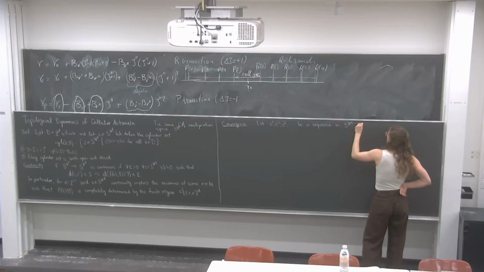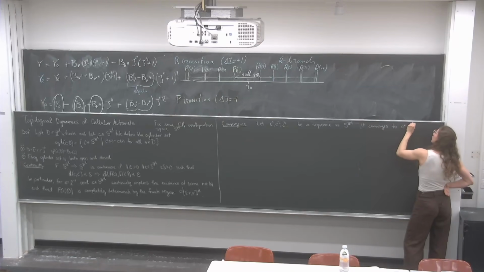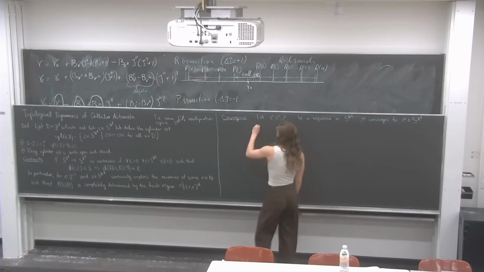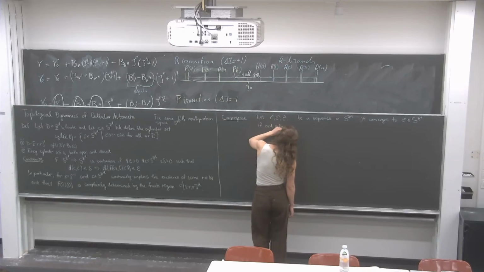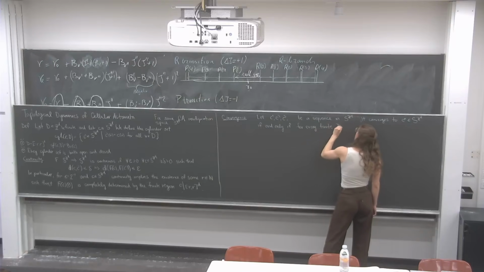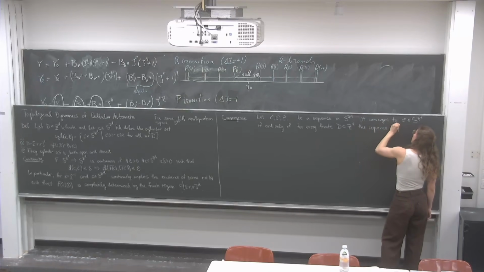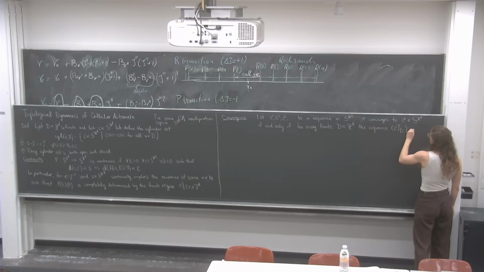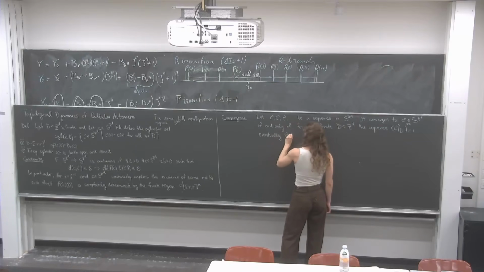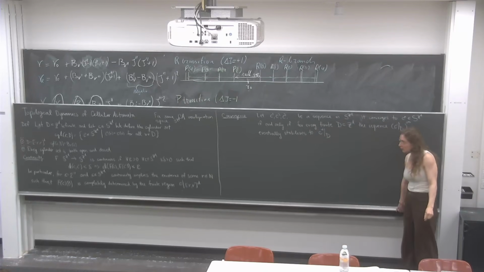So a sequence converges to some C if and only if for every finite D, the sequence restricted to D eventually stabilizes exactly to C restricted to D. So this is essentially a very simple observation.